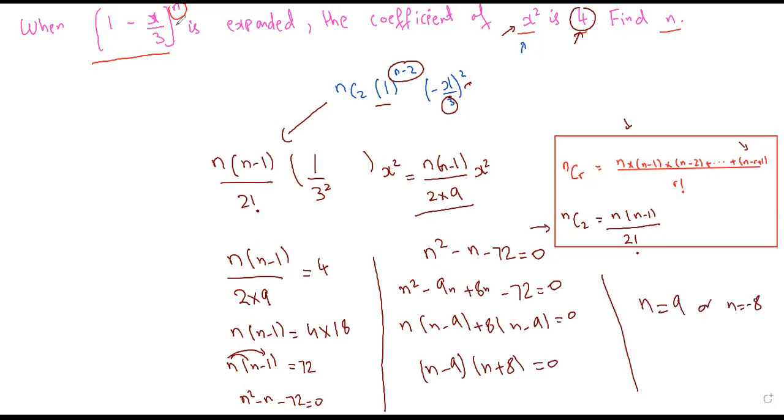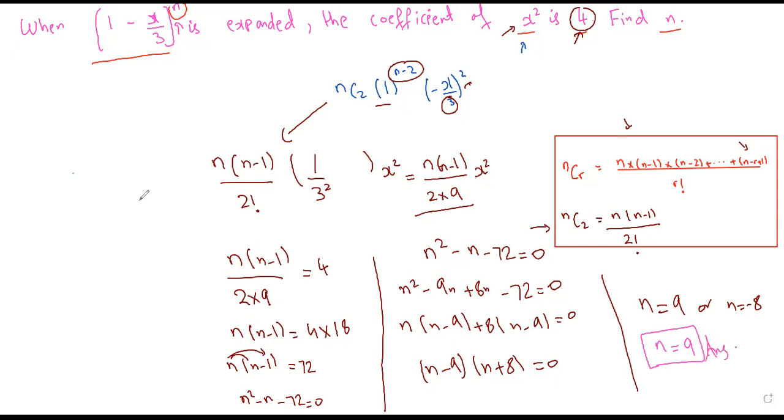Since n is the power, and we have only seen how to expand the positive powers, it is going to be n equals 9. Also in the question it was given that n is a positive integer. I did not write that down, but because they have told us that n is a positive integer, that is why the answer is n equals 9.